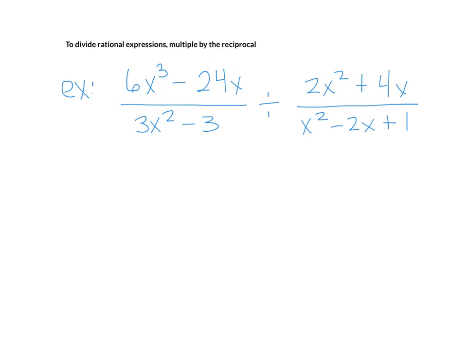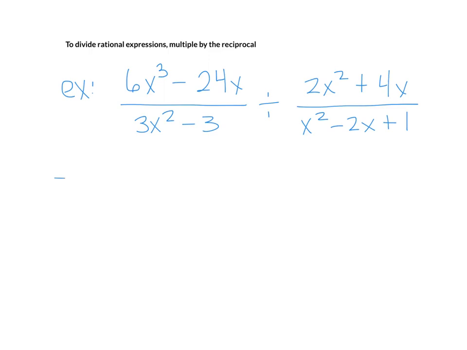Now we're going to look at dividing rational expressions. To divide rational expressions, we actually multiply by the reciprocal. So here's an example where we have this rational expression, 6x cubed minus 24x over 3x squared minus 3, and we're dividing by this other rational expression.